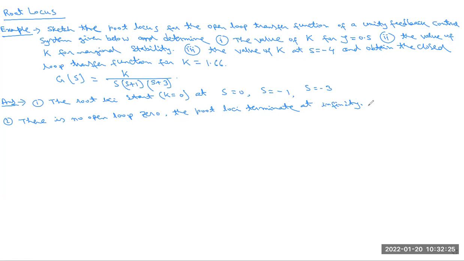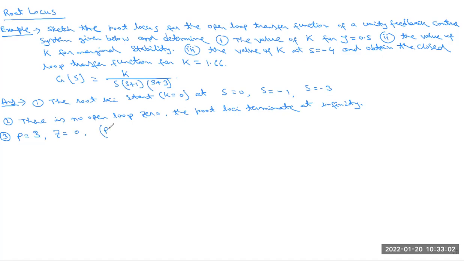Next, we have to calculate the number of poles and the number of zeros in this equation. The poles are 0, minus 1 and minus 3, so the number of poles P equals 3. Here the only zero-related term is k, and nothing else is present, so the number of zeros Z equals 0.